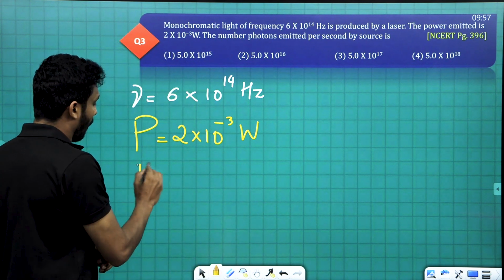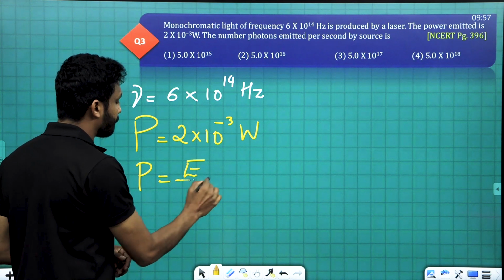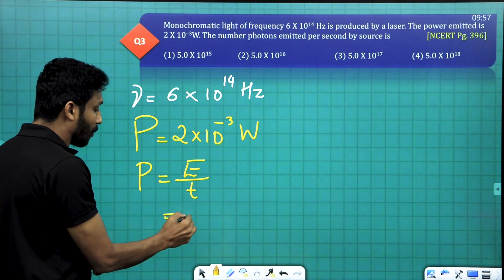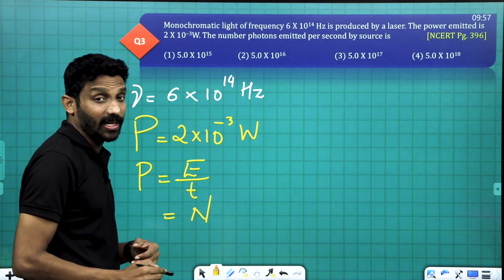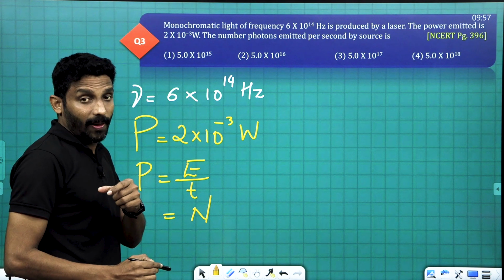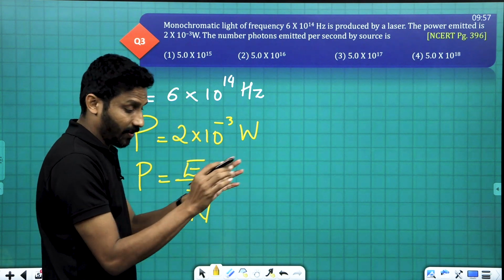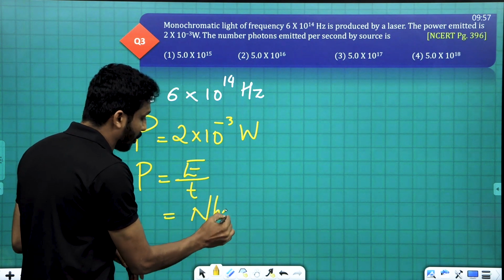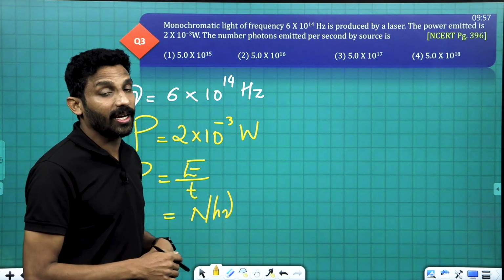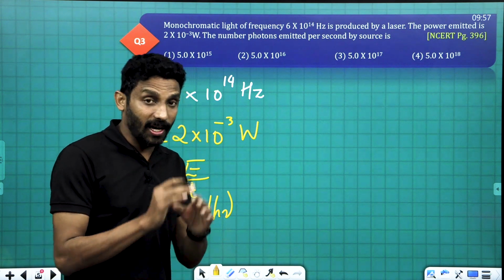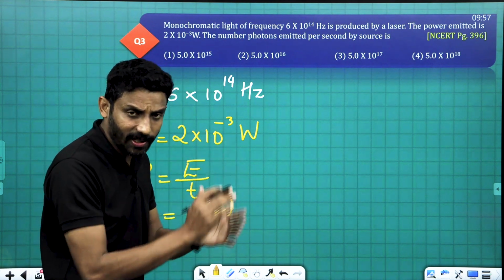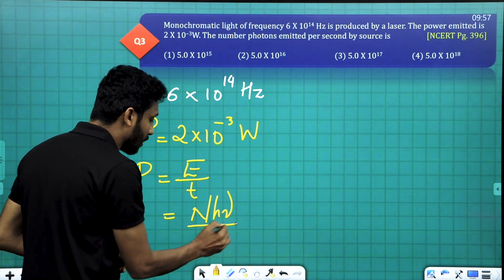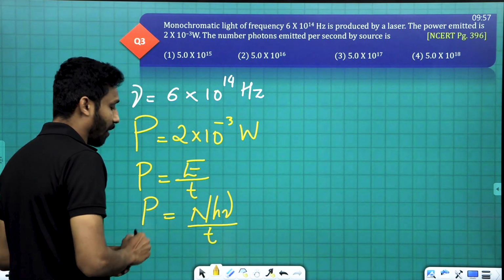We have power is energy by time. Suppose n photons are ejected in t seconds, then the total energy hitting the surface is n h nu, where h nu is the energy of a single photon. So the total energy is n into h nu divided by the time. This is the power.